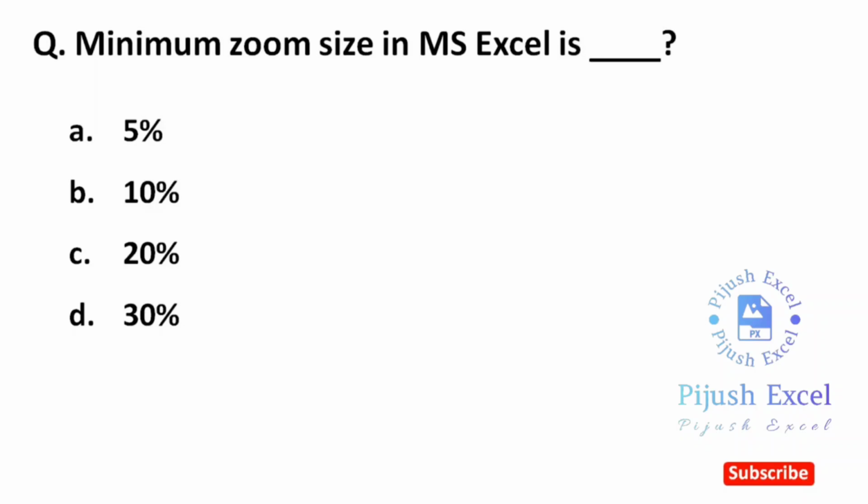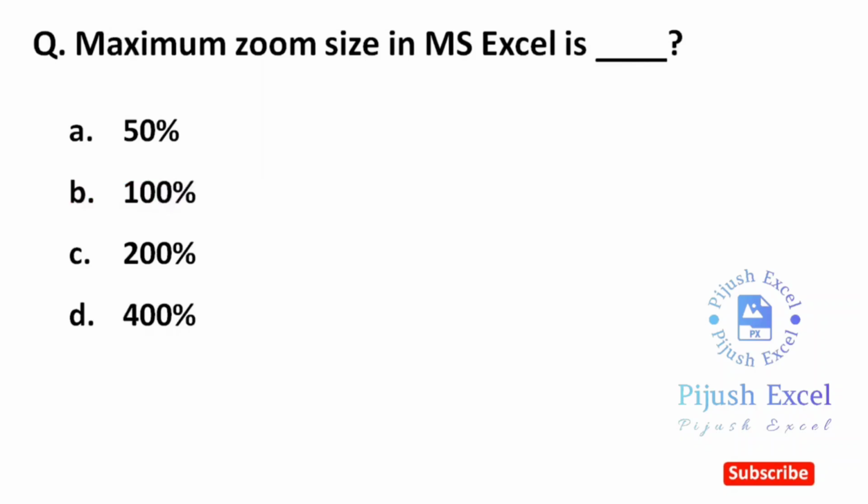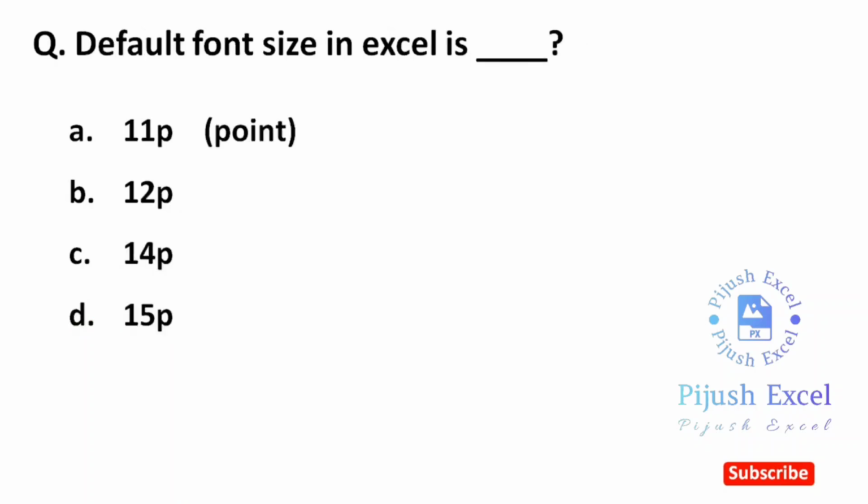Next, minimum zoom size in MS Excel is dash. Right answer option B. Next, maximum zoom size in MS Excel is dash. Option D. Next, default font size in MS Excel dash.